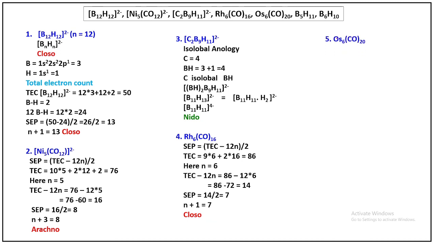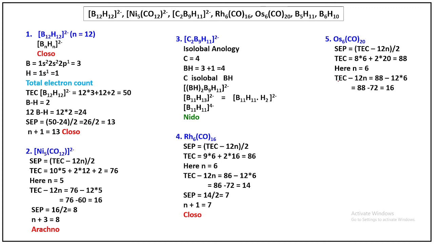The next one is Os6CO20. This can also be solved as the previous one by finding the skeletal electron pair using the same equation. Here the total electron count will be 8 valence electrons in osmium into 6 osmium, plus 2 electrons provided by each carbonyl into 20, that will give 88.